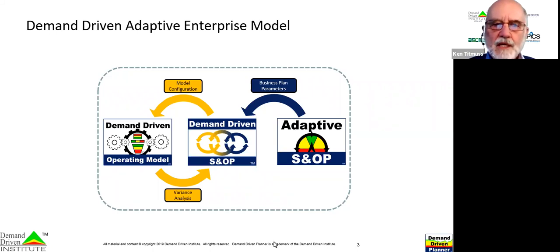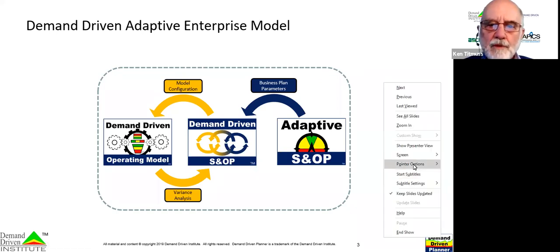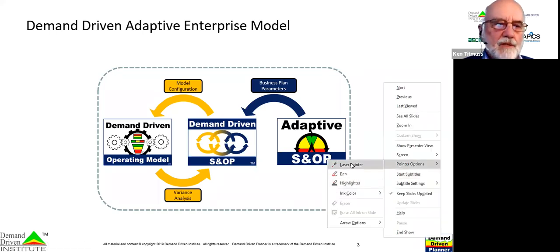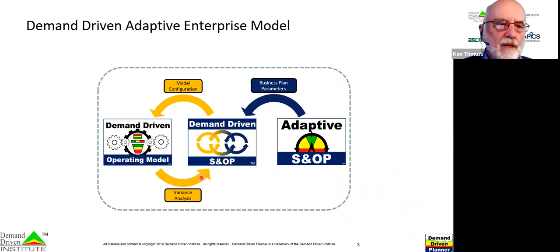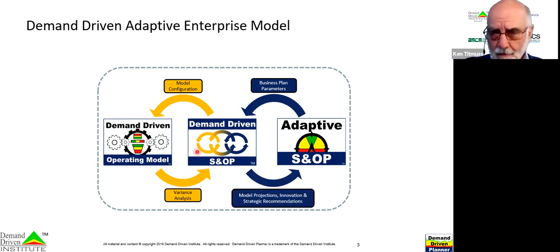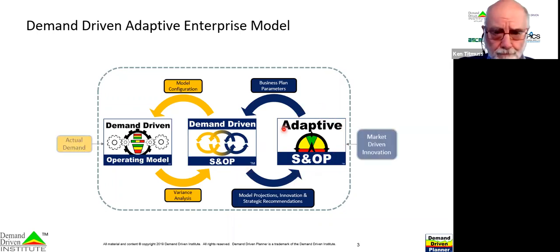So we get this continual variance analysis coming back, and we look at what's happening with our operating model, and we make changes and we make it better. But we also, in our tactical demand-driven S&OP, project the model into the future, and we look at model projections, innovation, and strategic recommendations coming back to strategy here.